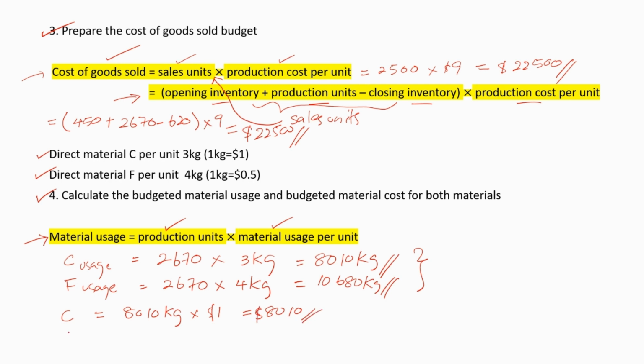The material cost for material F is equal to 10,680 kilograms multiplied by 0.5. This is equal to $5,340. So these are the budgeted material cost for the next year.